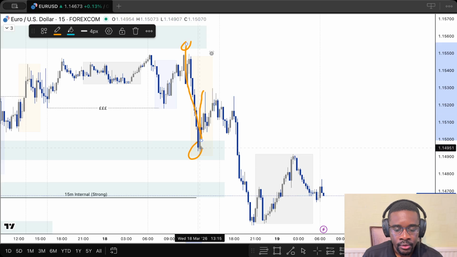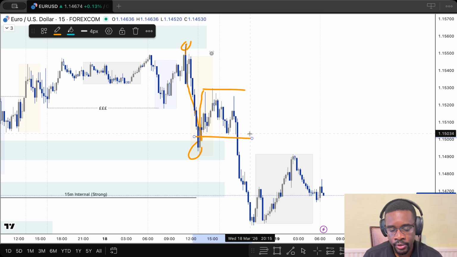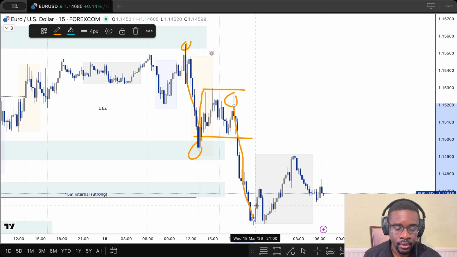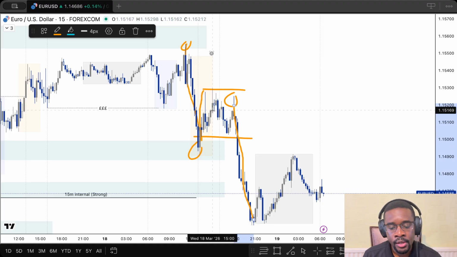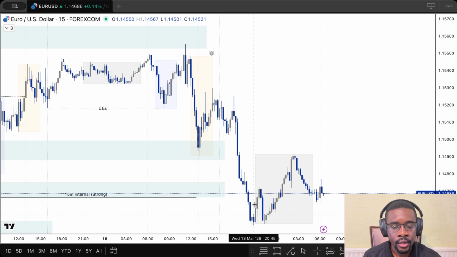Then obviously during New York Open, there wasn't much going on because people were waiting for the high impact news at 6, and then once that happened, price just continued to tank on the Euro USD. So meaning the US dollar is still gaining strength amidst everything that's going on. The US dollar is still strong and the euro is weakening against it, and so is the pound. As we can see, price has been dropping.